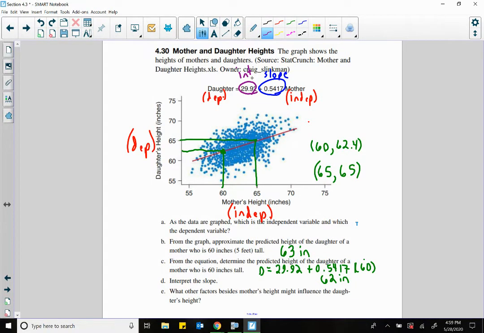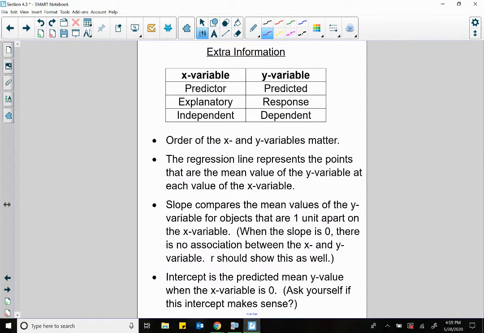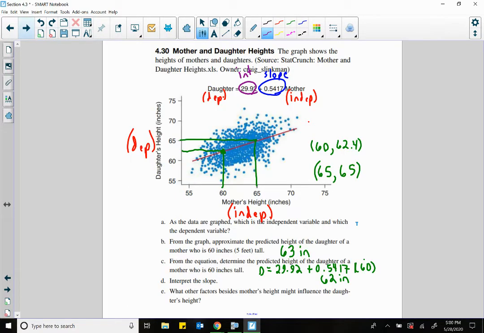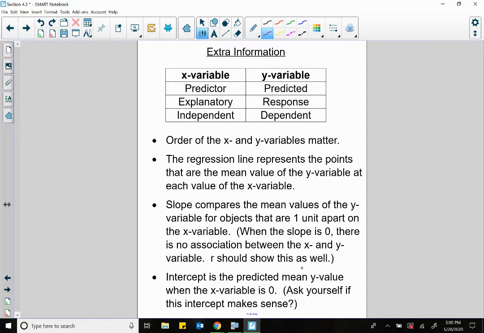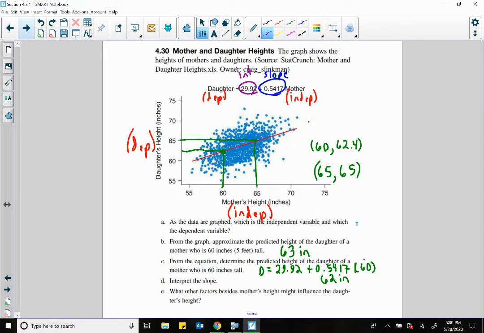What this means is if your mother's height is 0, because the intercept is when the X value is 0, then your daughter will be, on average, because it's all about the mean Y value, 29.92 inches. Does that make sense? No, that does not make sense.